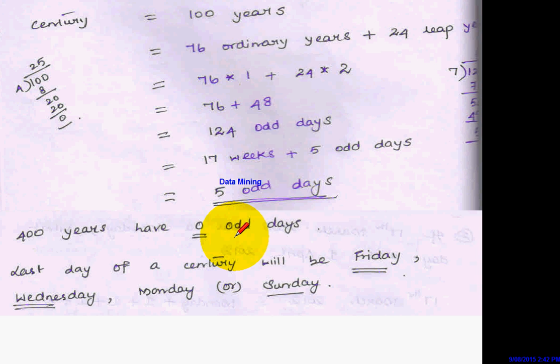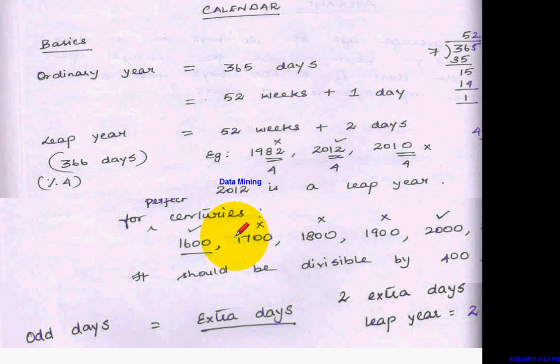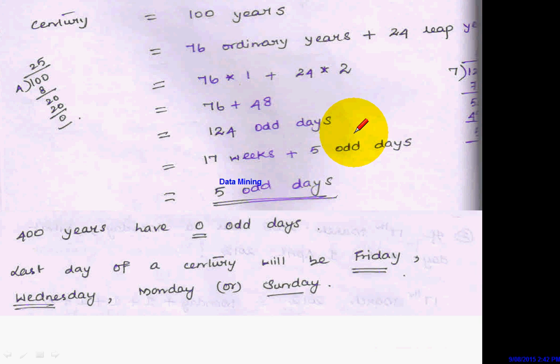How many odd days are there in ordinary years? We have already seen that an ordinary year has 1 odd day. If it is a leap year, we have 2 odd days. So for 76 ordinary years, the number of odd days is 76 into 1. And leap years have 2 odd days, so 24 into 2.